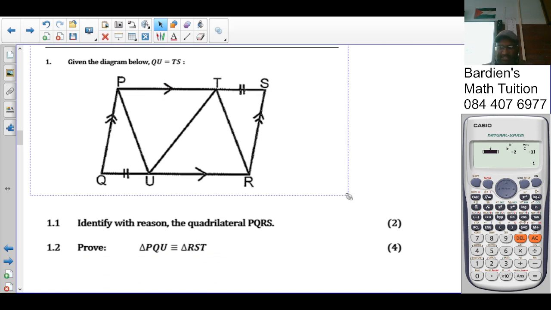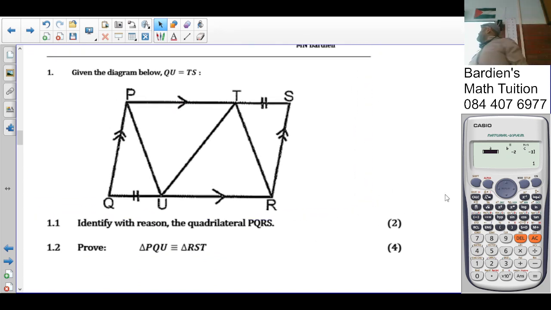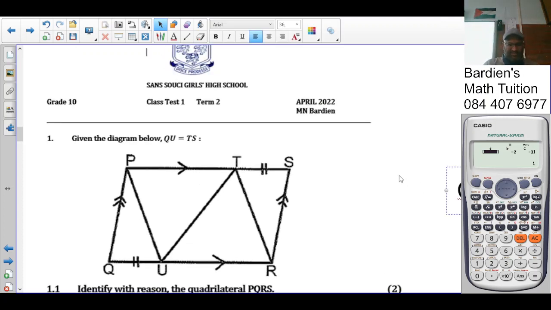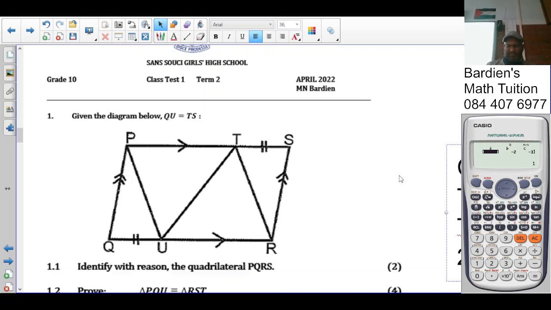So the question says, we just put here class test 1 term 2, 2022.